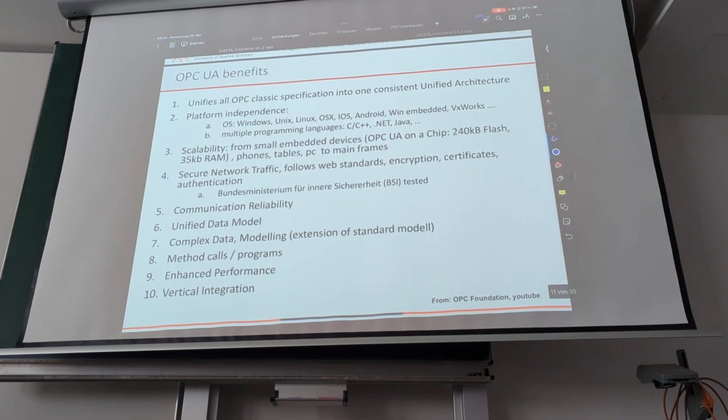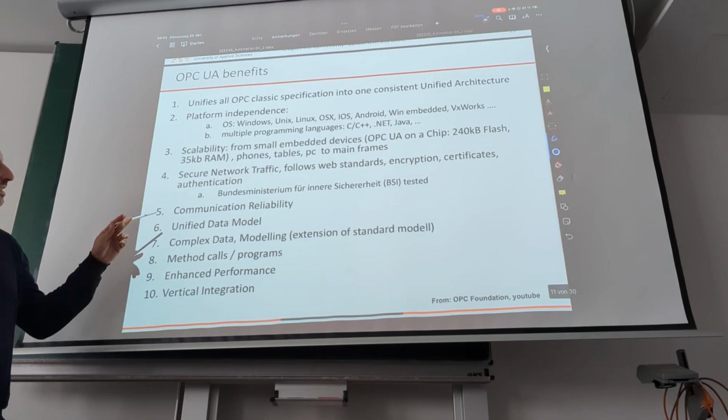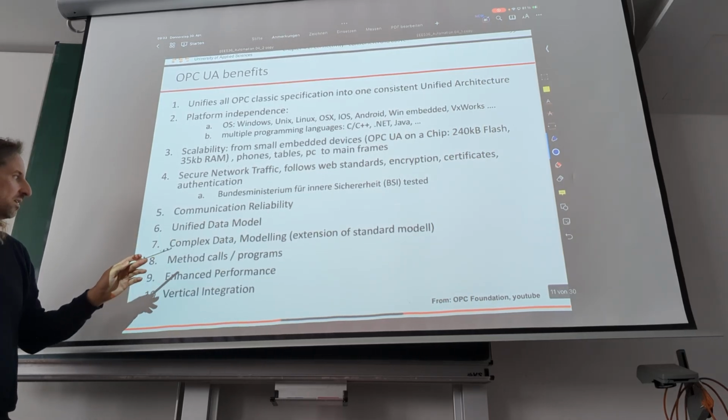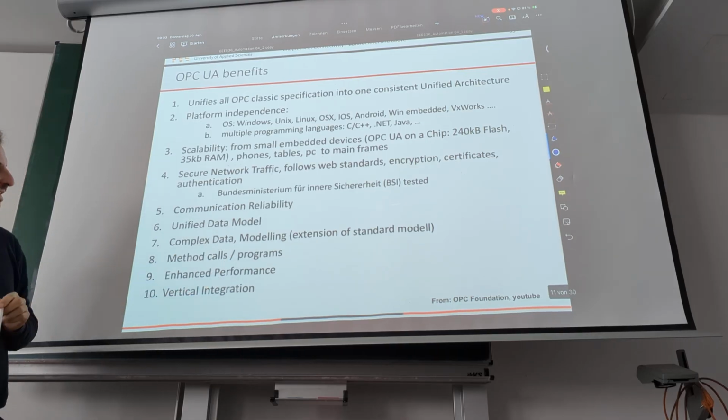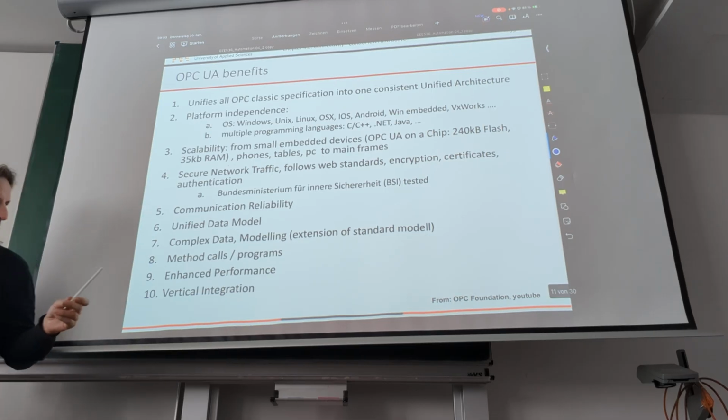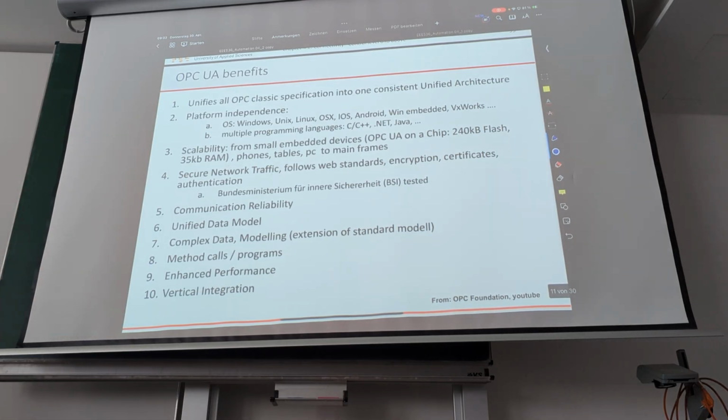That's the thing, like the basic benefits. We have all the stuff that we need for the communication in the internet, but one additional interesting thing is this information modeling, to be able to model complex data and make meta information available about your plants, and the rest is basically you just have a Windows independent implementation of our classic use cases.